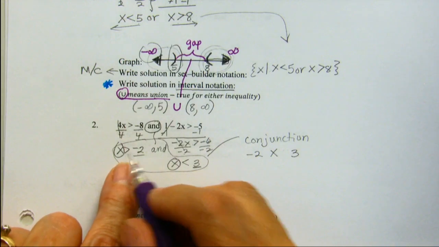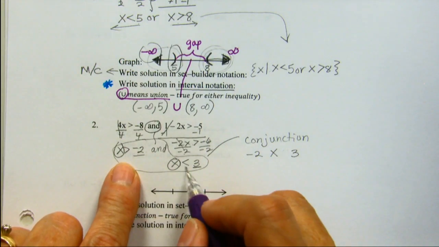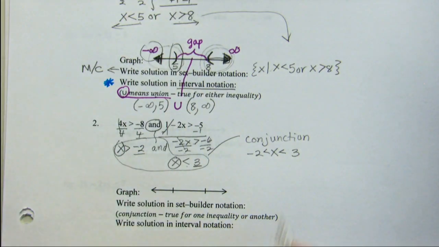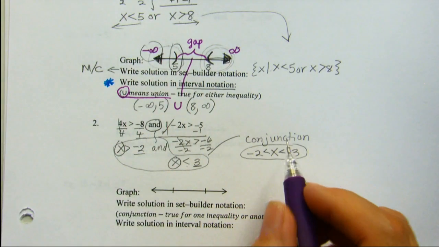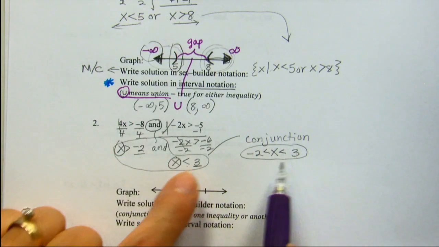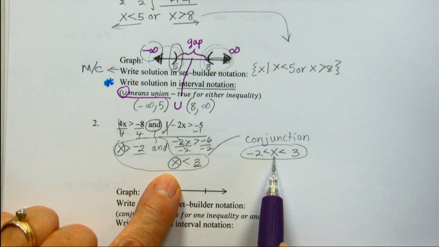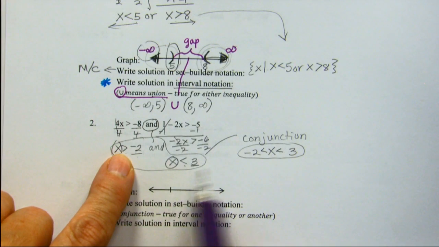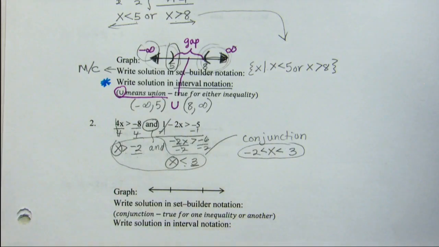And they don't have the equal bar on the inequalities, so they will both be less than. And you've written your conjunction. Smaller number left, larger number right, x always in the middle. And they were both inequalities without the equal bar, so they're both less than, never greater than on a conjunction.